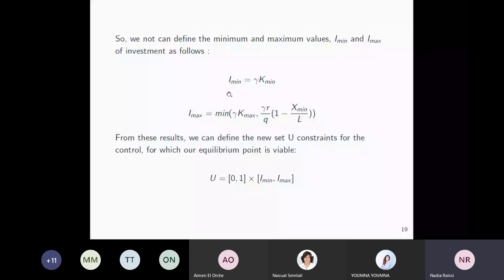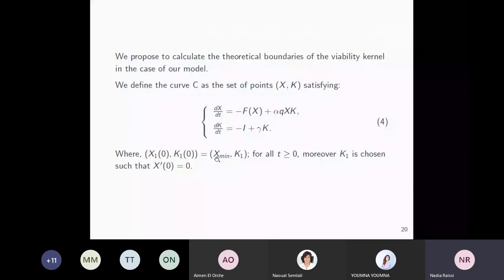So it's like going back in time, and our initial conditions are on the bound. If we go forward in time, when we are at X minimum, we will exit the set. So we are on the bound and now drawing our way inside the set. So you can find it here, this is the way we draw the curve.